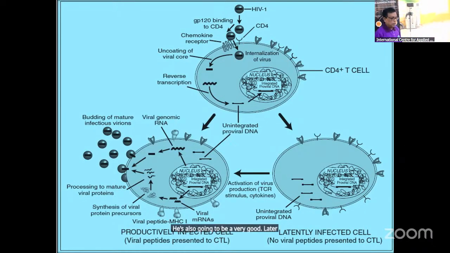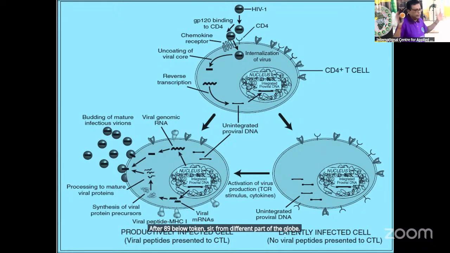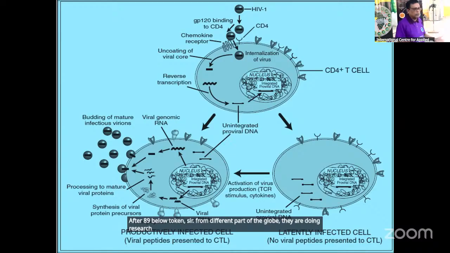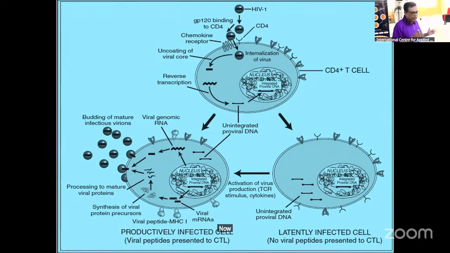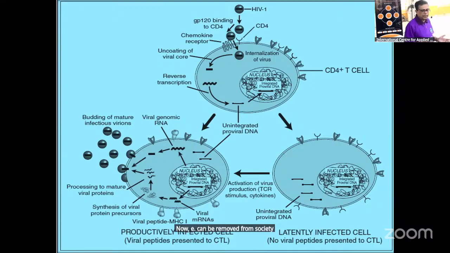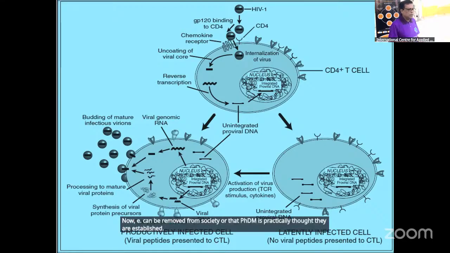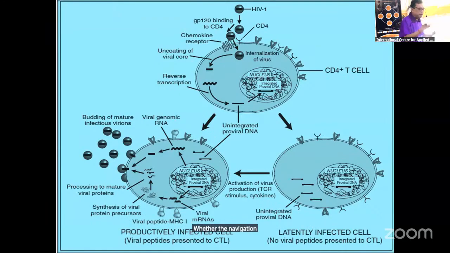Later on, after 1989, a lot of researchers from different parts of the globe are doing research, whether the disease can be removed from our society, and whether the mathematician can give some extra prediction using that medicine or chemotherapy, which is still being counted.